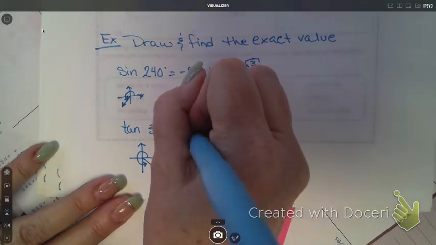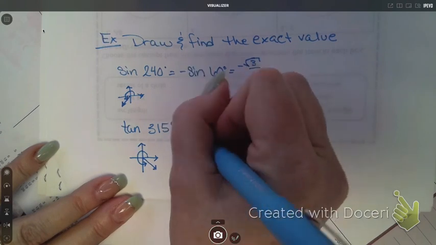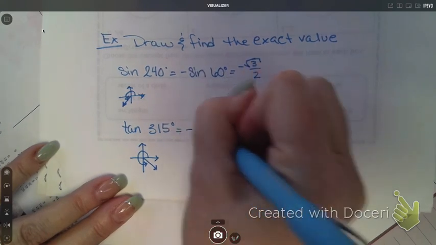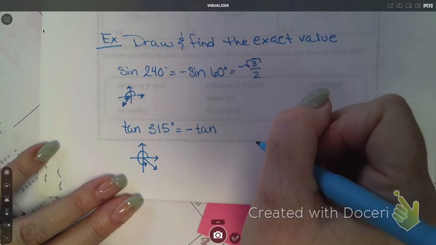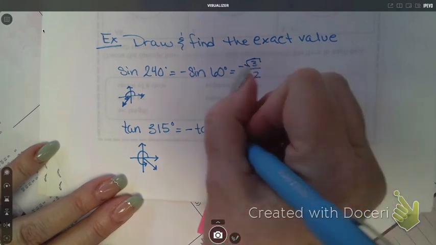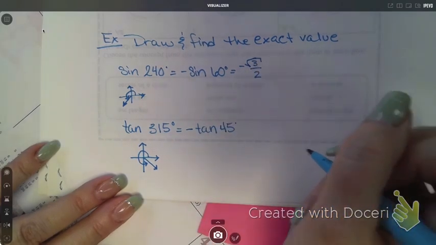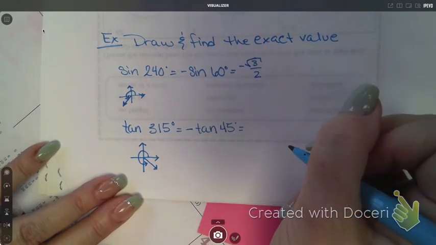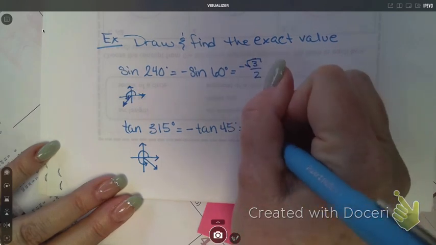Negative, because tangent is x and y, and one's positive, one's negative. Negative the tangent of, what's my reference angle? 45. If it ends in a 5, it better be 45, right? Tangent of 45 should be really easy to remember. 1. So it's negative 1.